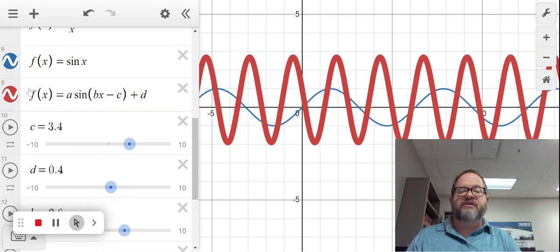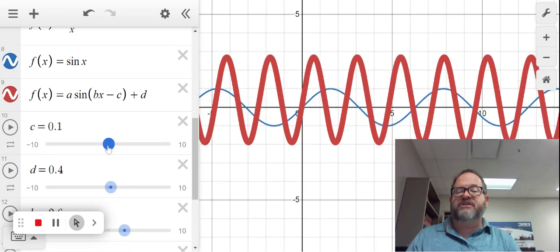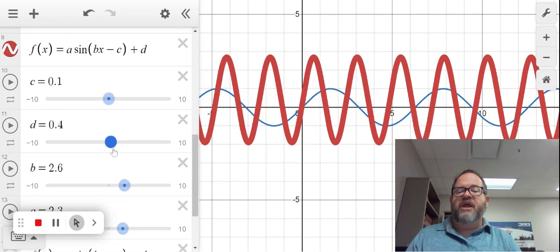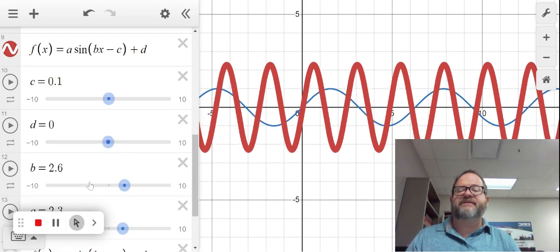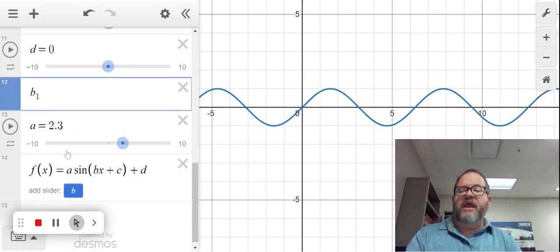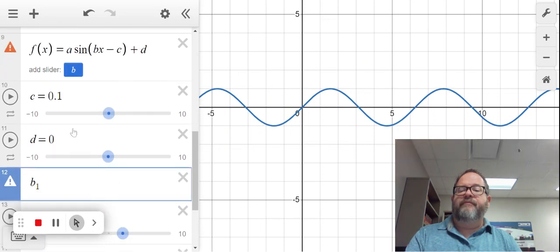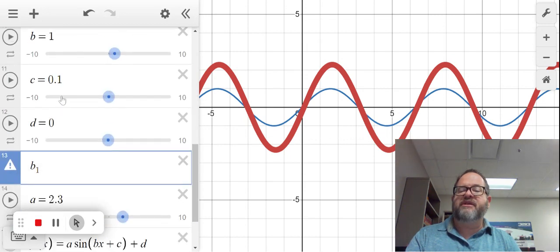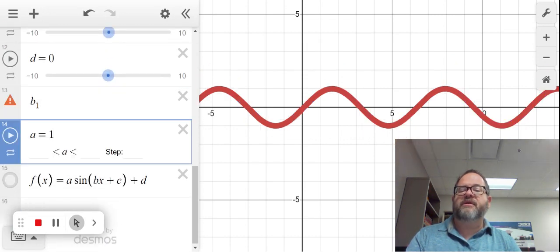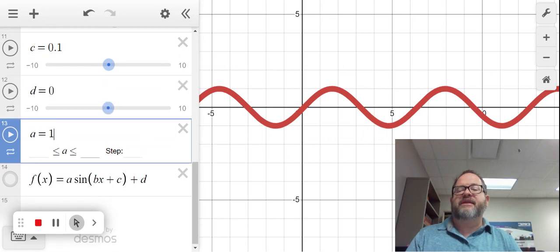Where did my function go? There's the parent function. If I put these guys at their original positions here, 0 for the offsets, and 1 for the A and the B, where did the A go? There he is. There you go.